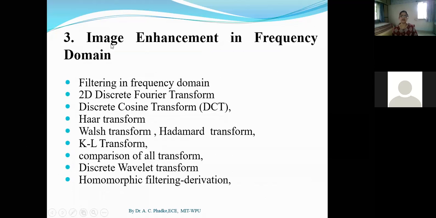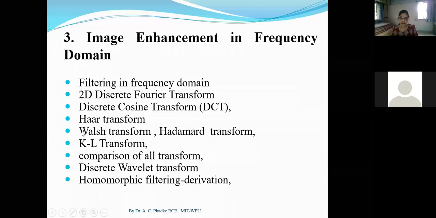Then the third unit is dedicated to image enhancement in frequency domain. It covers various filtering operations using the frequency domain, and it covers various transforms. Basically, in order to process the image in frequency domain, first it is necessary to transform the image from its image plane to the Fourier domain or frequency domain.